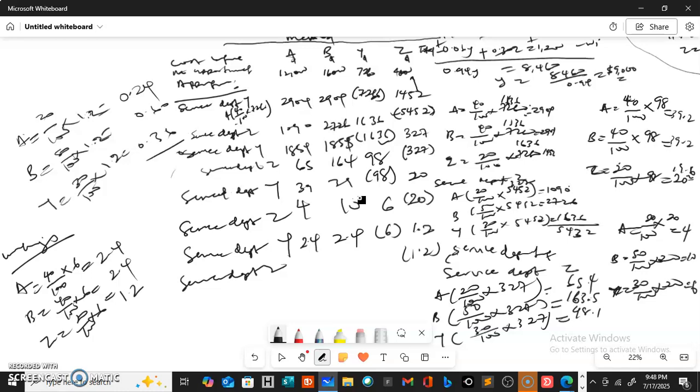So this is 1.20. Let us now bring it down here: 0.24, 0.60, and 0.36. Okay, so this is minimal.